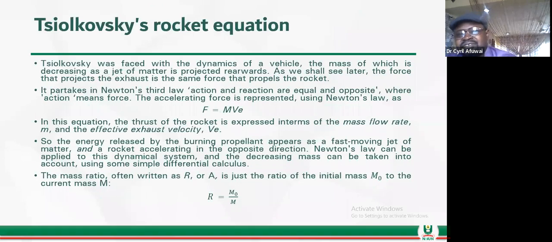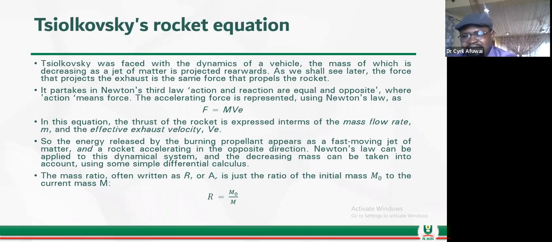Now let's look at Tsiolkovsky's rocket equation. Tsiolkovsky was faced with the dynamics of a vehicle, the mass of which is decreasing as a jet of matter is projected rearwards. As we shall see later, the force that projects the exhaust is the same force that propels the rocket.